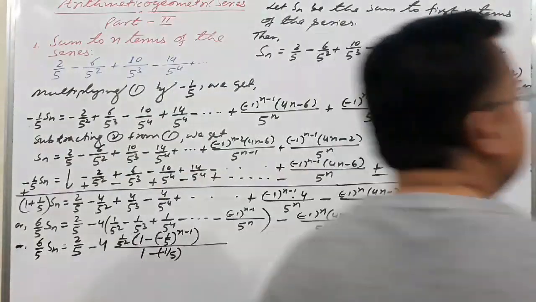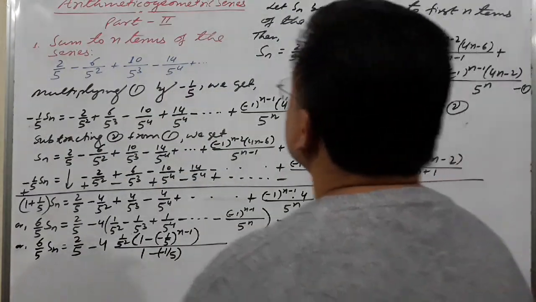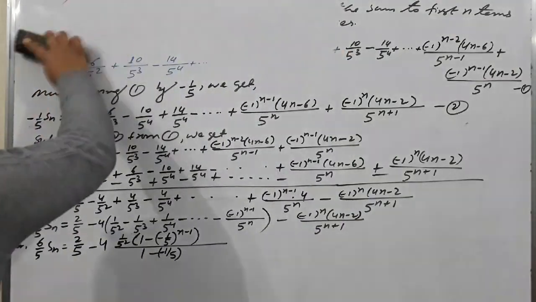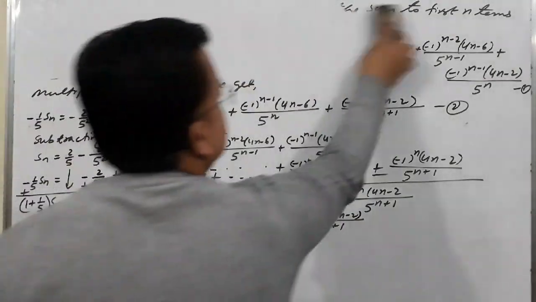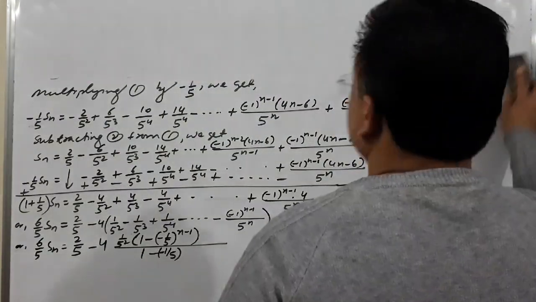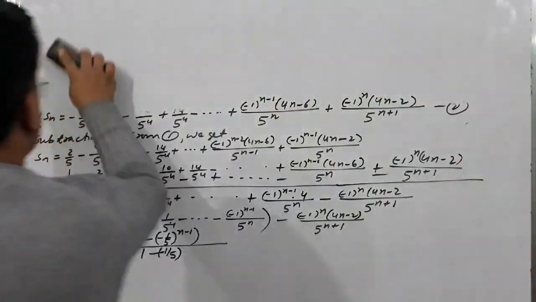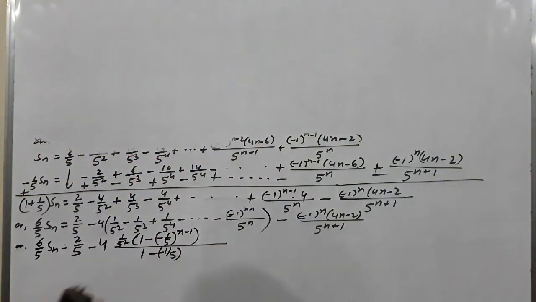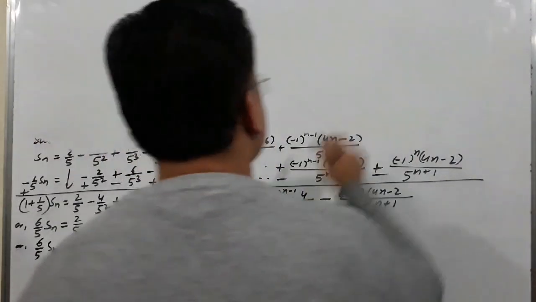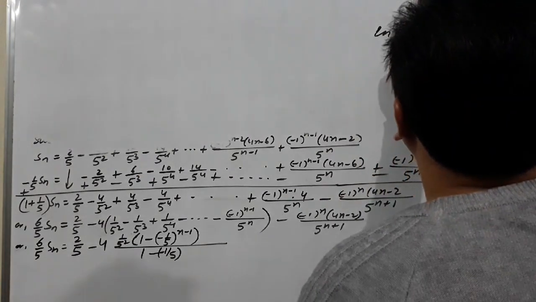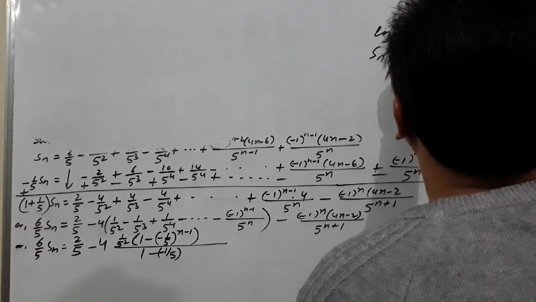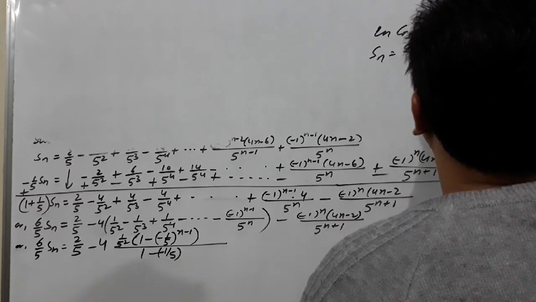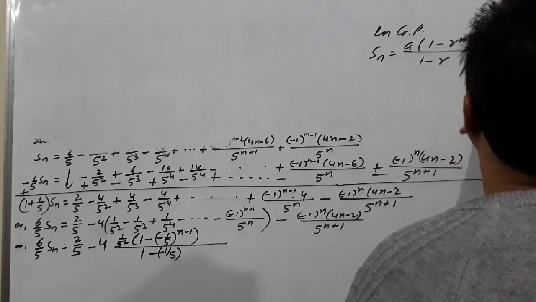So if you are in confusion about what I have done here, I'm going to erase. I will use this formula: in GP, Sn is equal to a times 1 minus r raised to power n over 1 minus r, if r is less than 1.